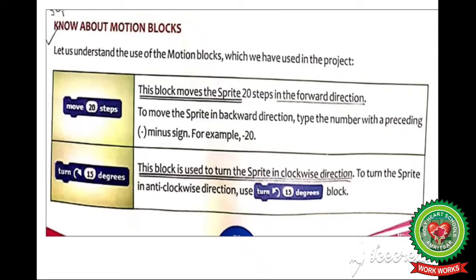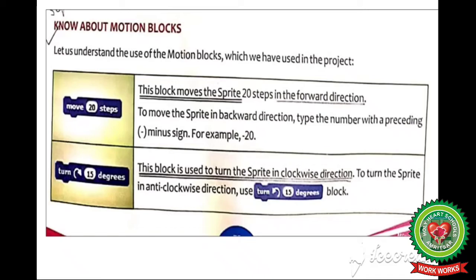So the first command is move 20 steps. This block moves the sprite 20 steps in the forward direction. We can also change the number of steps according to our requirement. To move the sprite in backward direction, type the number with the preceding minus sign, for example, minus 20.